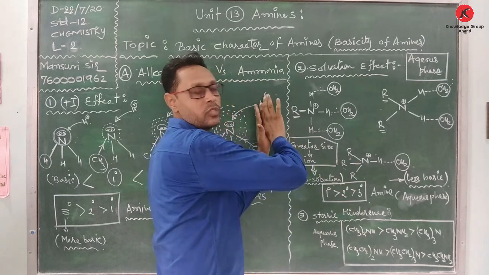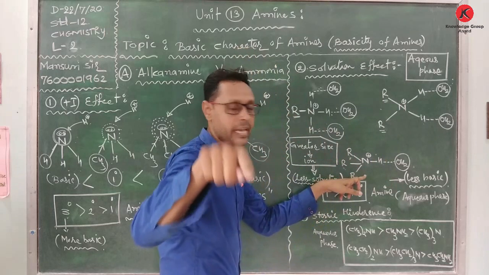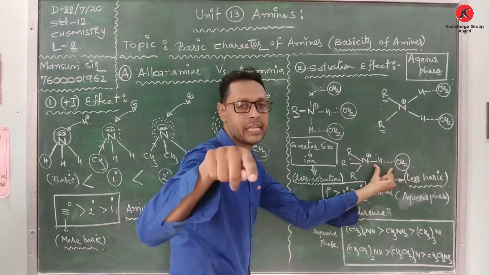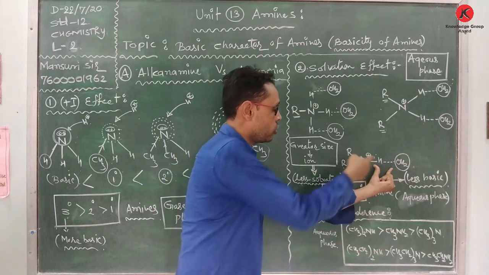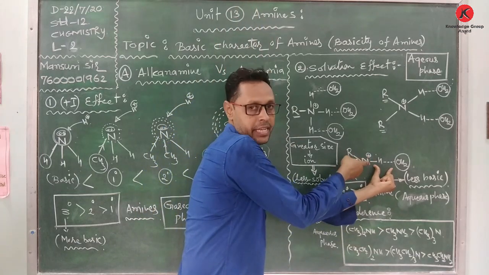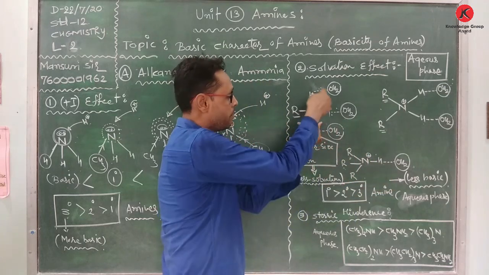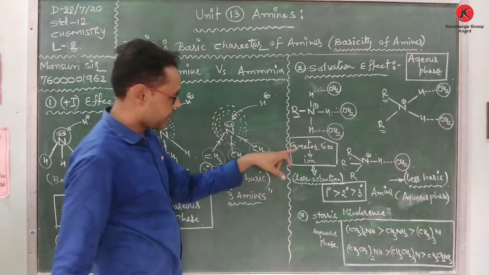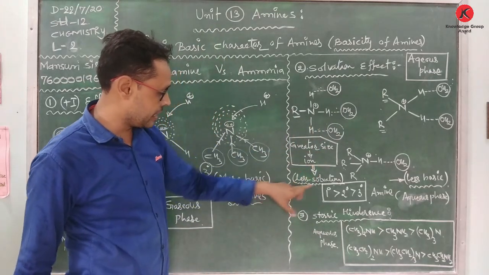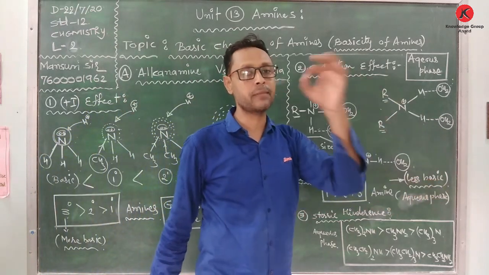So as the size of the ion is greater, the solvation becomes less, and that means basicity also decreases. So here 3 degree amine possesses less basicity and 1 degree amine possesses more basicity due to more solvation. Greater size of ion, less solvation, and less solvation means a less basic substance.